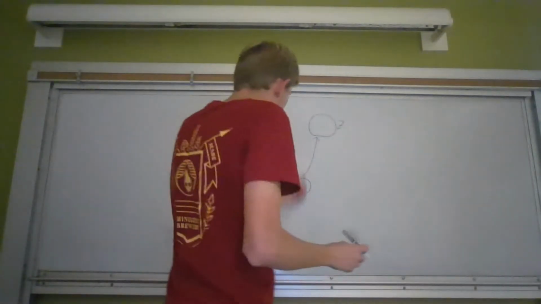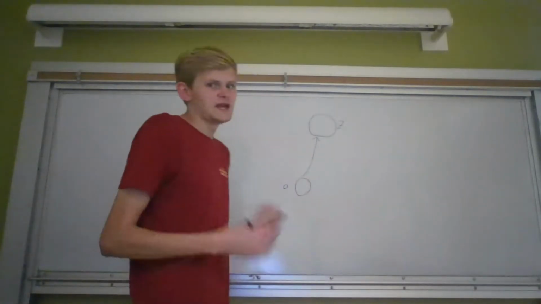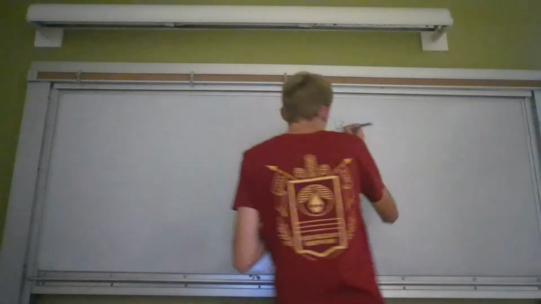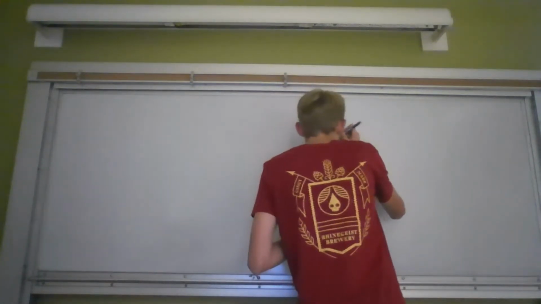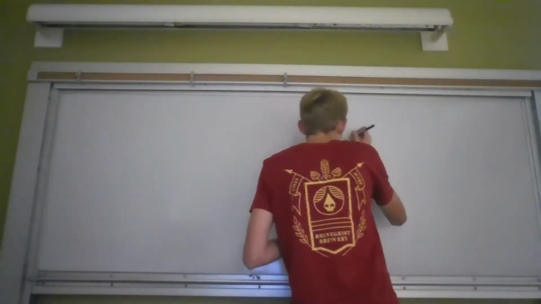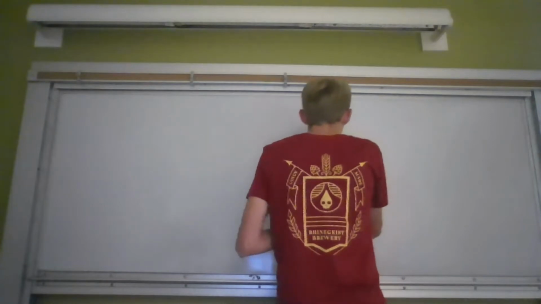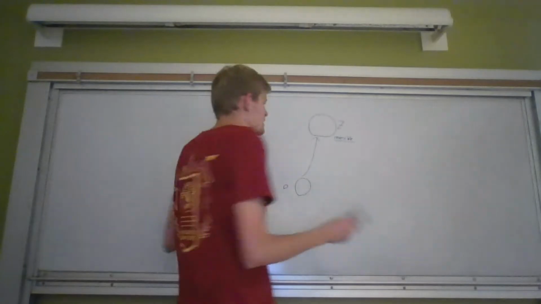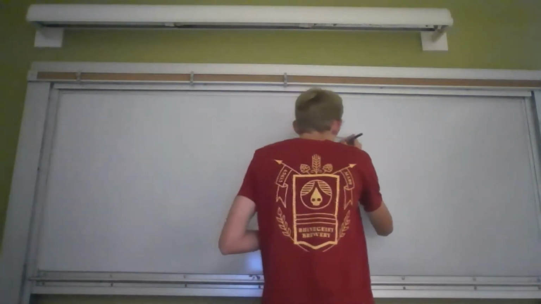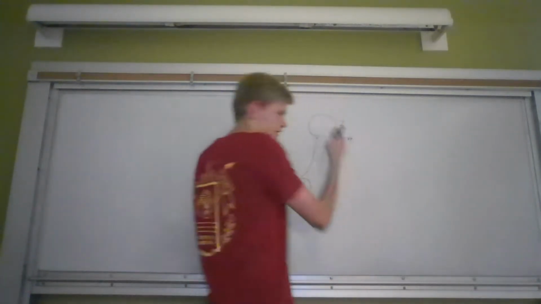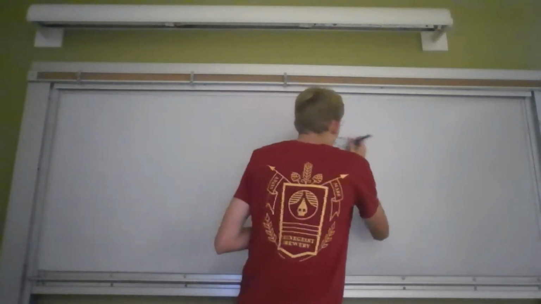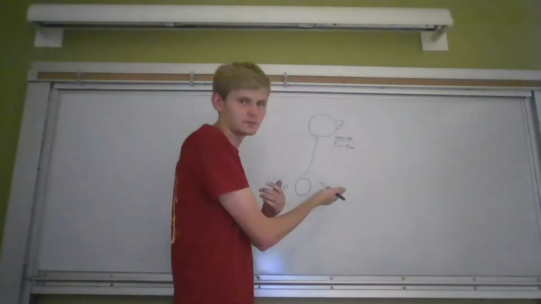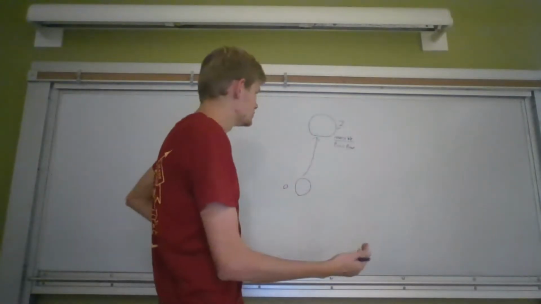So what does it mean that we have an adiabatic and reversible process? We'll say reversible first. A reversible process is just a good way of saying that the pressure inside the sphere and outside the pocket are equal to each other.